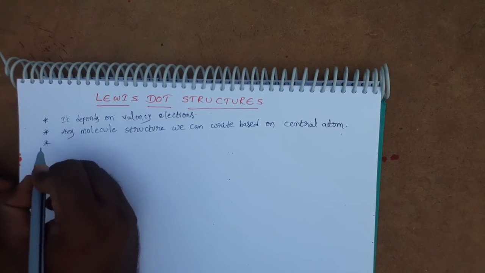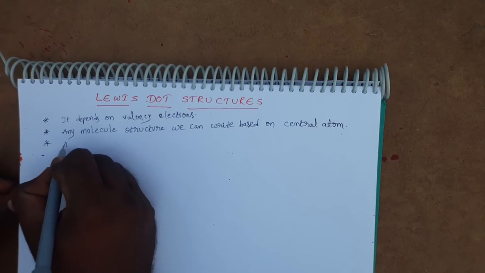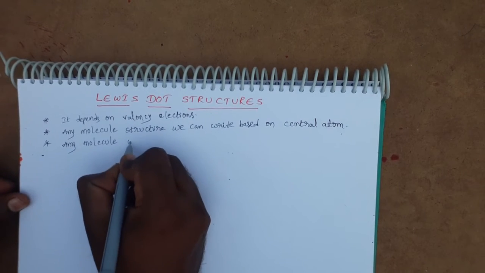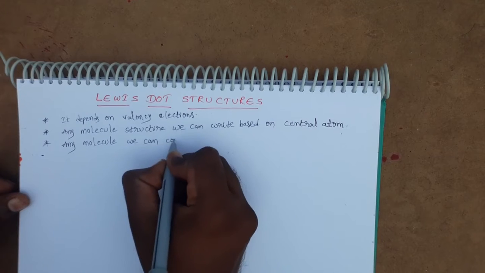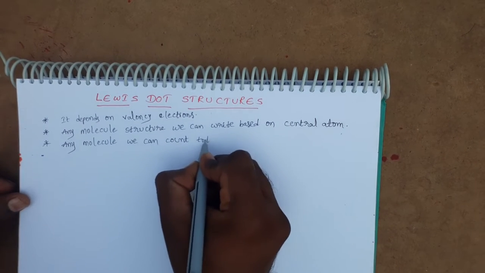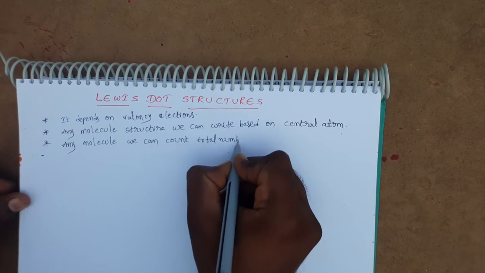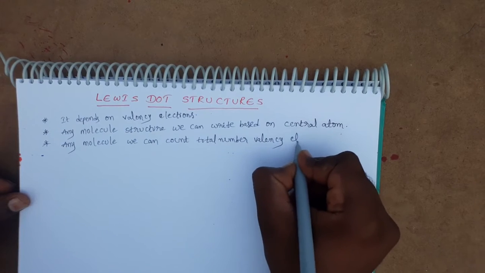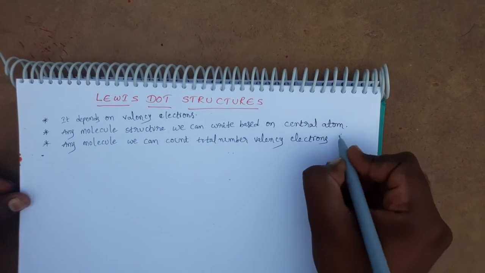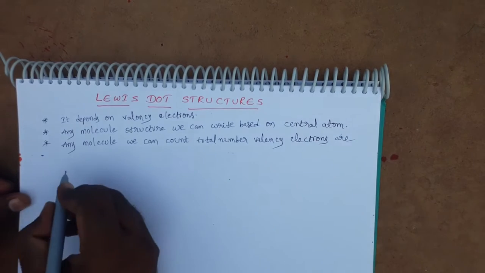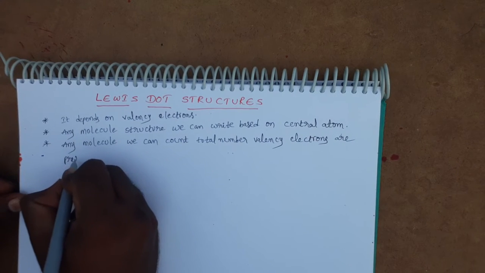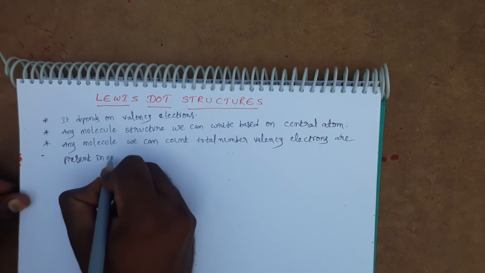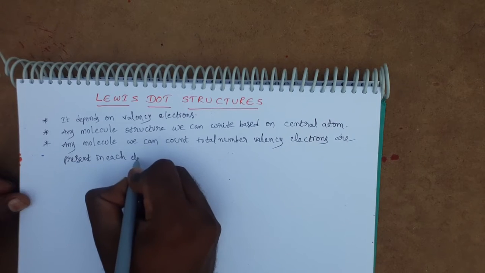And after this, for any molecule we can count the total number of valency electrons present in each element.